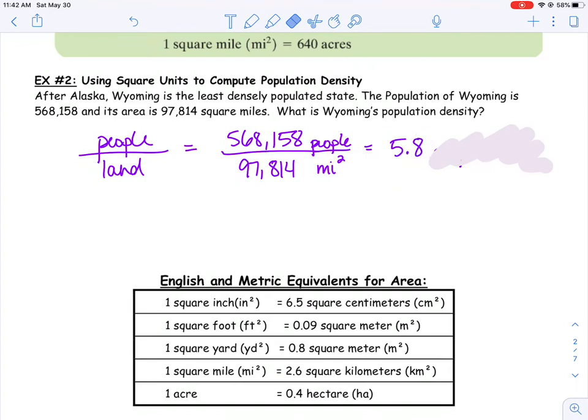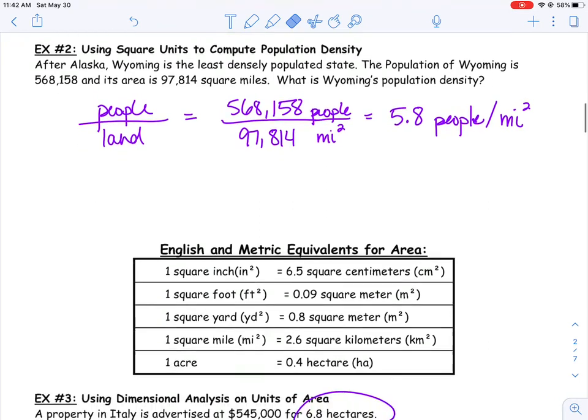So I'm going to go ahead and divide. And I got 5.8. That means 5.8 people per square mile. In every 1 square mile, there's about 6 people in Wyoming. So you can imagine what a square mile looks like, and you imagine that about 6 people live in that square mile on average, right? So not very populated, okay?